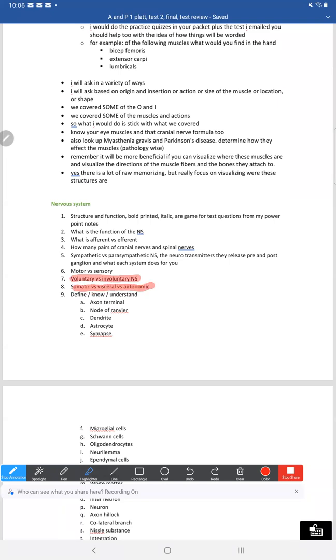Now, if you were doing your note cards and you did not know that they were correlated, you probably would have figured that out with your writings. So for example, on your voluntary, you write that on the front of the note card, and on the back side, you would have defined it. Okay, what does that mean?